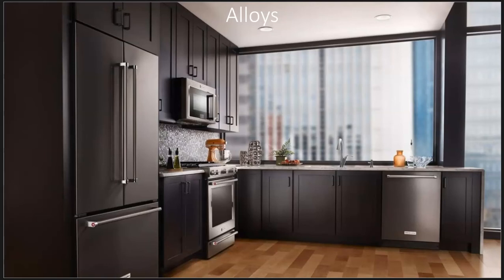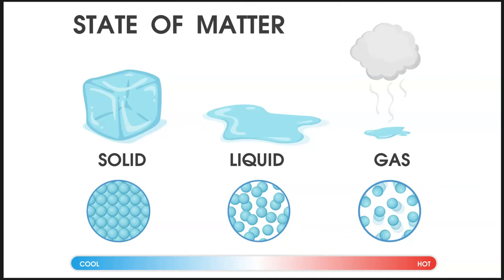Now, when it comes to molecules, compounds, and alloys, they exist in one of 3 states. There's the solid state, the liquid state, and the gas state. Solids are materials that have definite volume and definite structure. That is, they maintain their form regardless of what they're being held in.